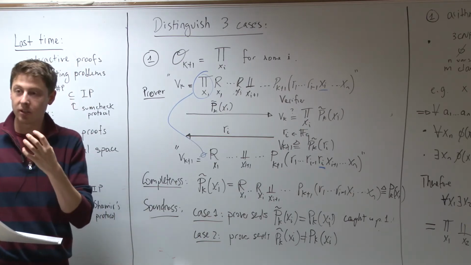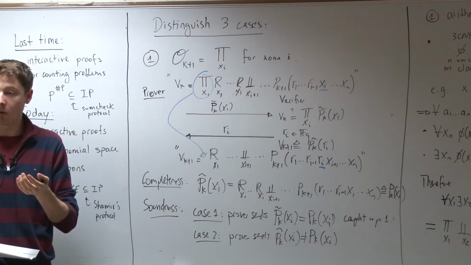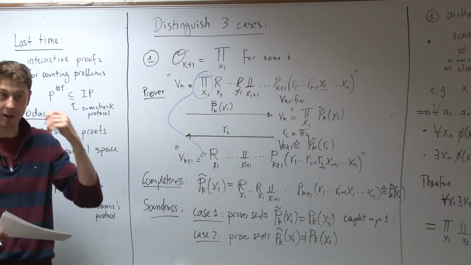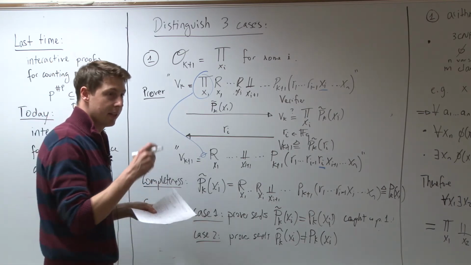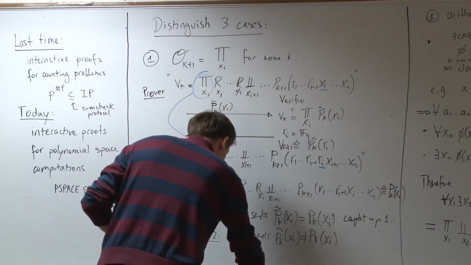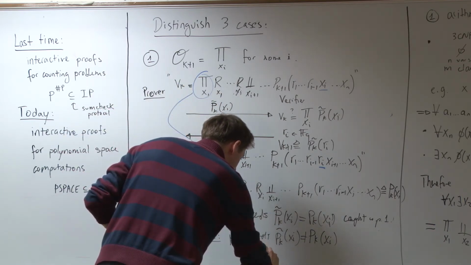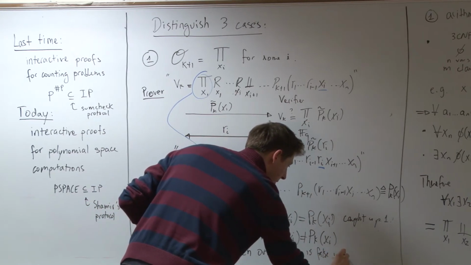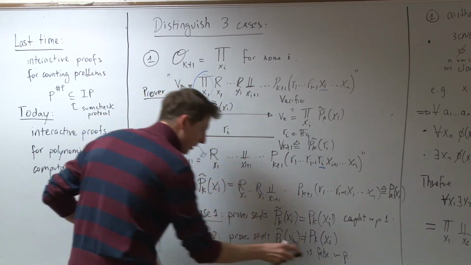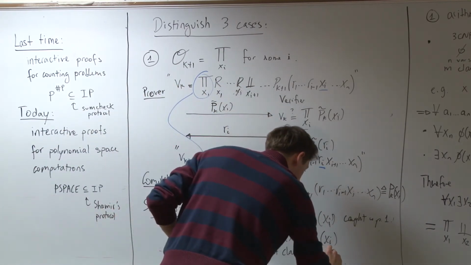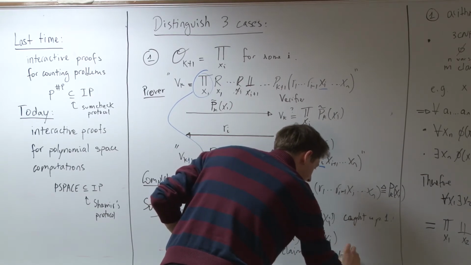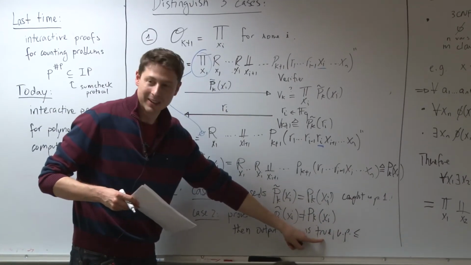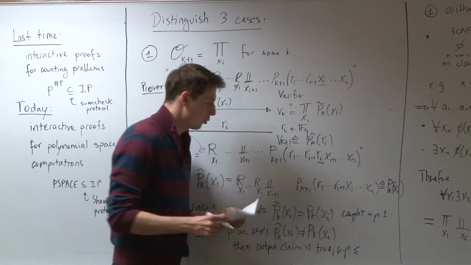It's not that I'm catching it, it's just that the next claim is false with high probability, and then it will be some other round's problem. So the output claim is true with probability at most what? 1 over q.